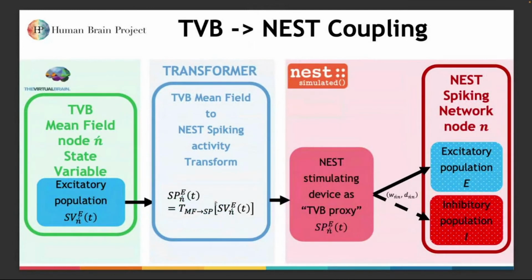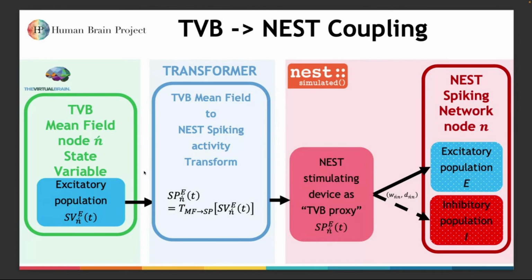Starting from the TVB to NEST coupling, what we need is to get a state variable as it dynamically changes in time. At every time moment, we need to convert this mean field activity to individual spiking activity through some kind of transformation, and then find a way to inject this activity in the spiking network.